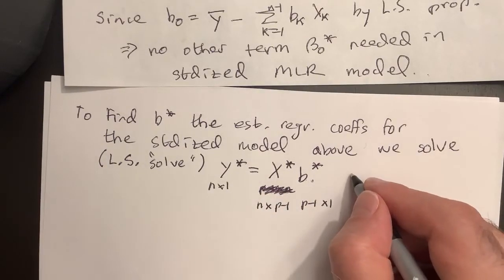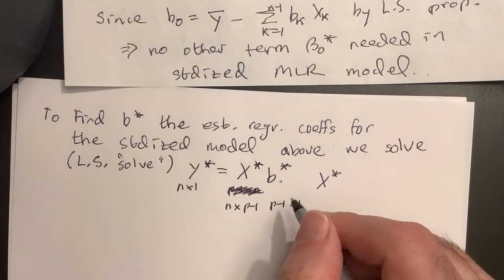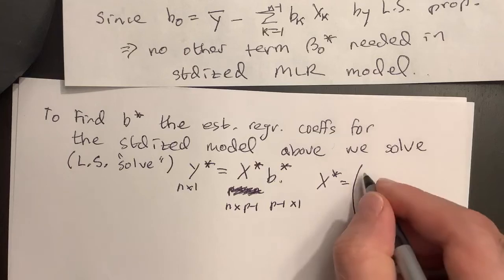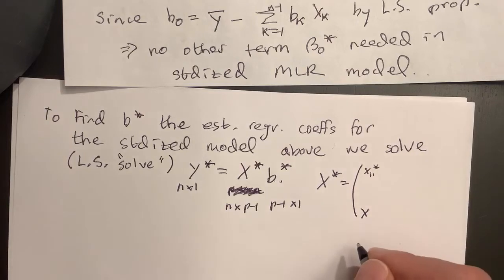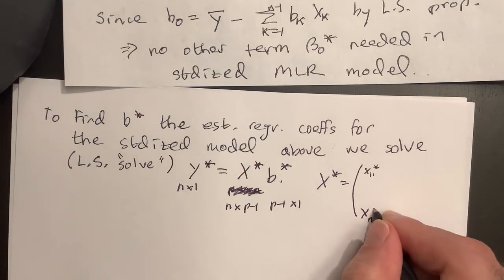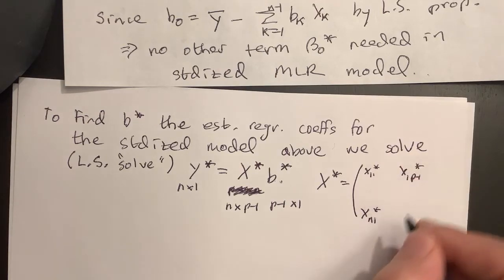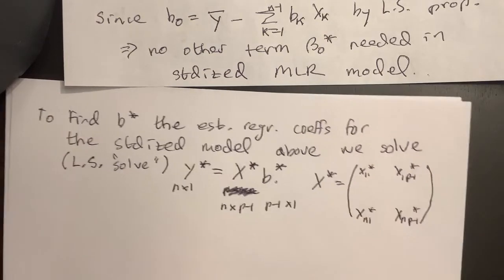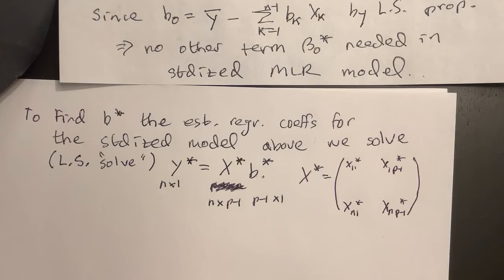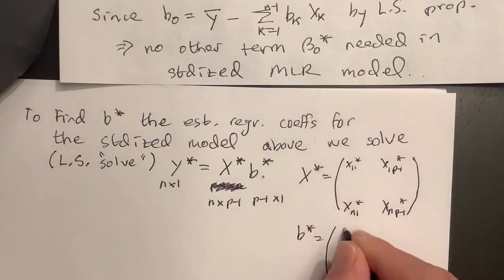Oh, and X star now is a matrix, but as you see here, it doesn't have p columns, it has p minus 1 columns because it's missing the column of ones. So it has x11 star, dot dot dot, xn1 star, x1,p-1 star, and xn,p-1 star. And B star is b1 star and so on.